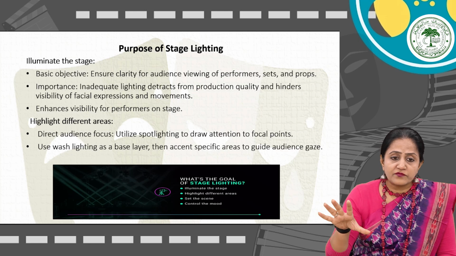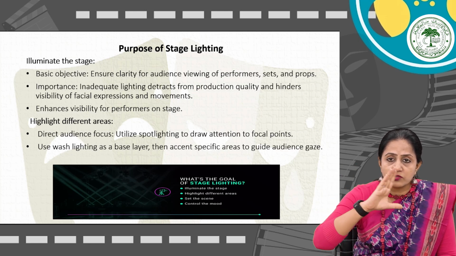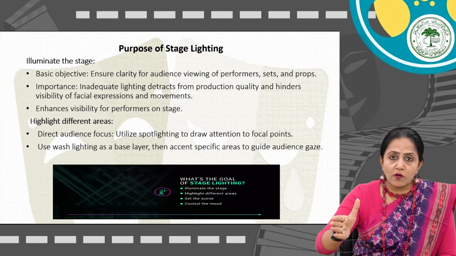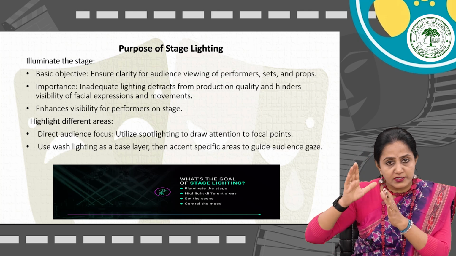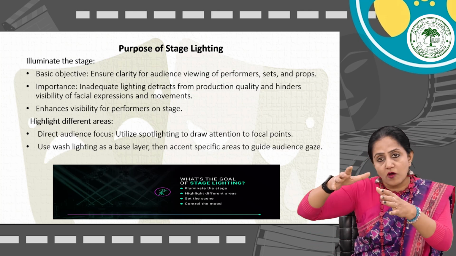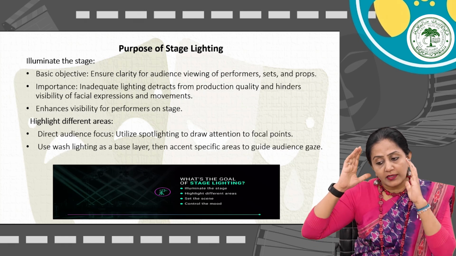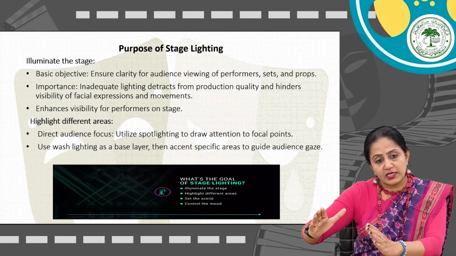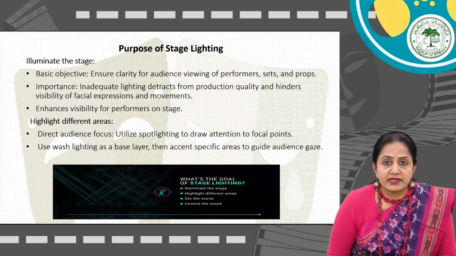Directing audience focus means that when you want the focus of the audience to be shifted to a certain part of the stage, then a spotlight is used to draw attention to focal points. Some focal points are selected, and the attention of the audience is taken towards that. Then wash lighting is used as a base layer.